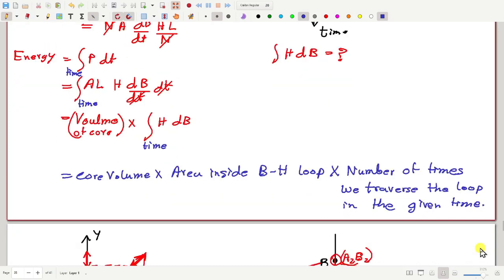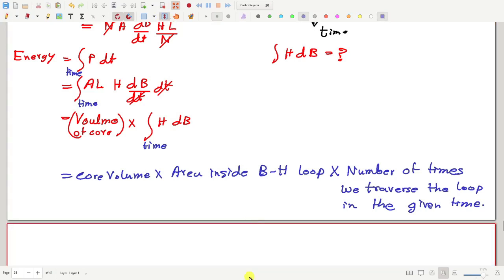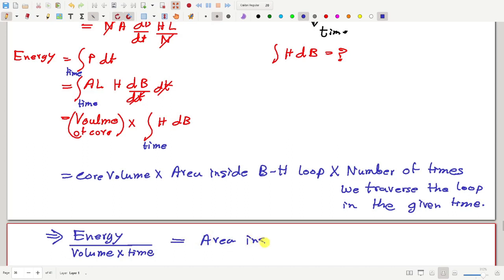Okay, so therefore I can write that energy per unit volume per unit time will be equal to the area inside the BH loop.